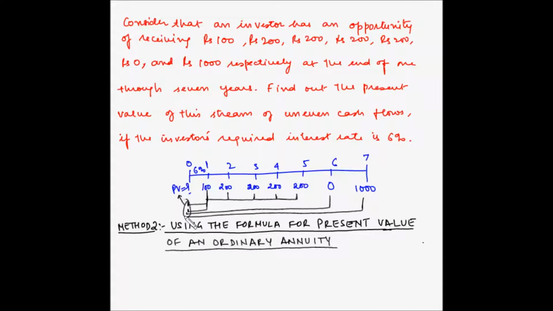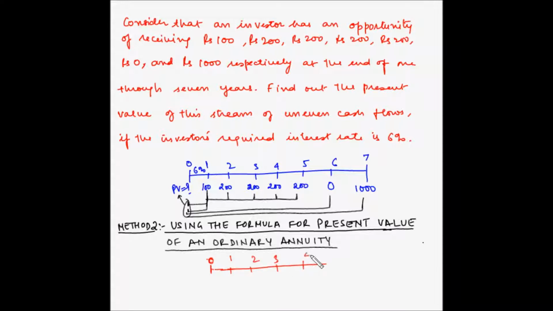So if we break this time scale from the beginning of second year to the end of fifth year, basically you can represent it like this. So let's say the end of first year is 0, then 1, 2, 3 and 4.